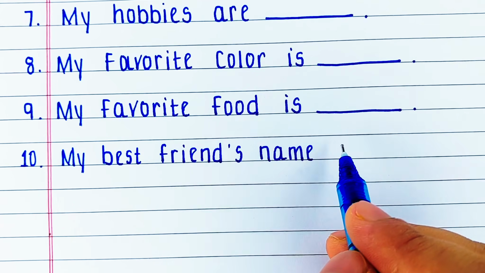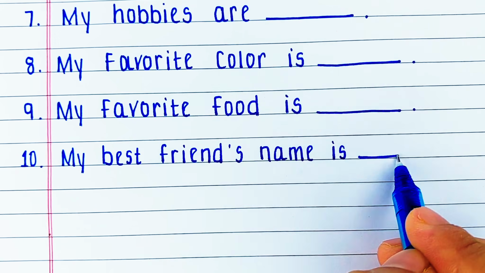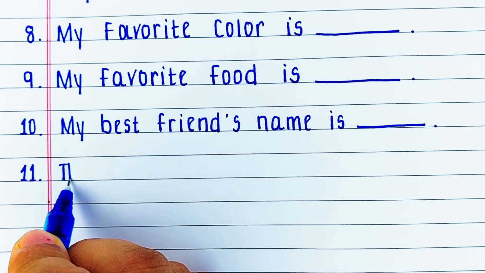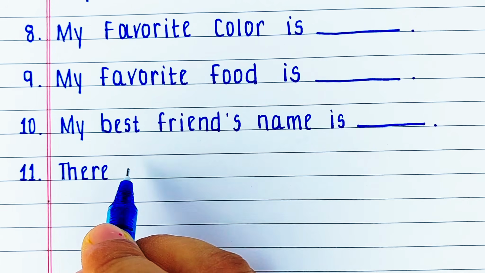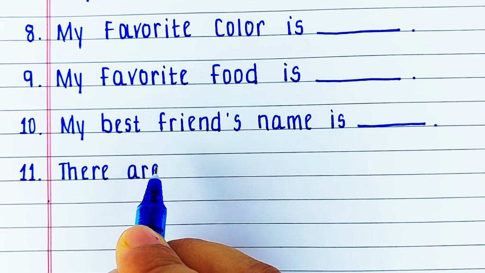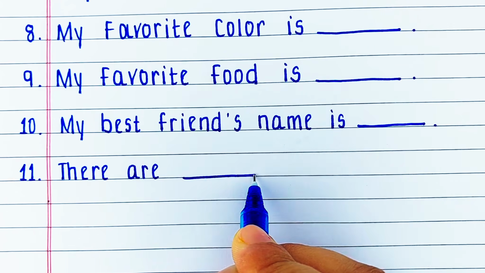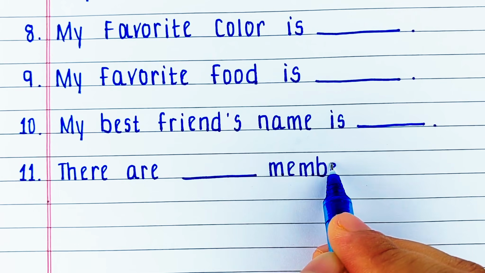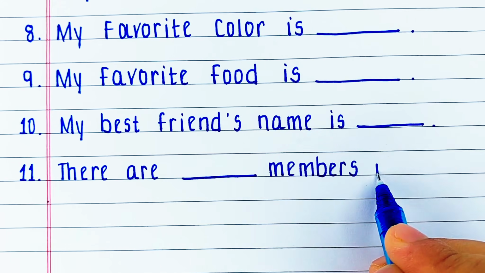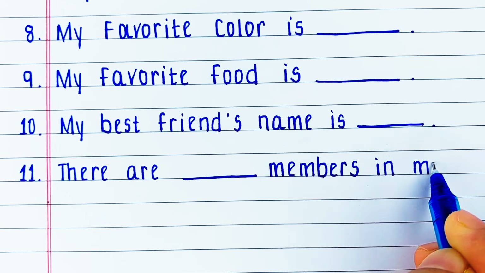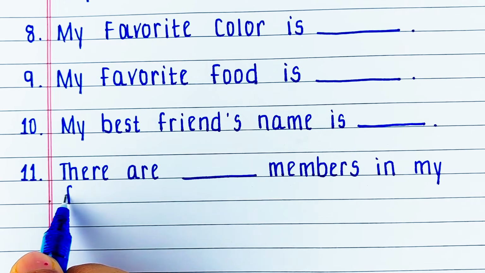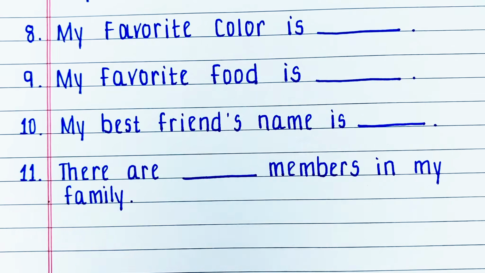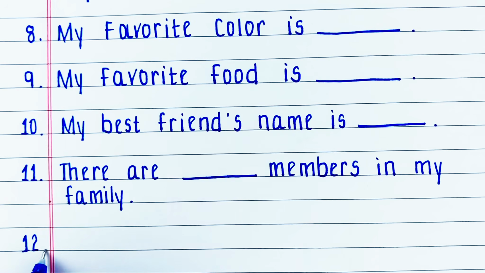Line number 10: My best friend's name is dash. Next point: There are dash members in my family. Here, write the number of members in your family.